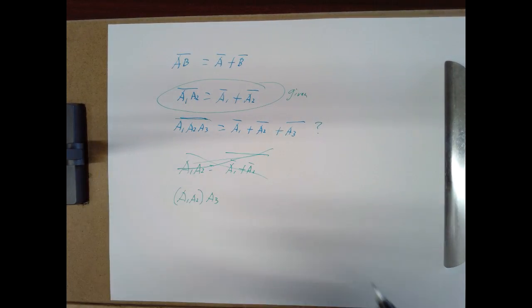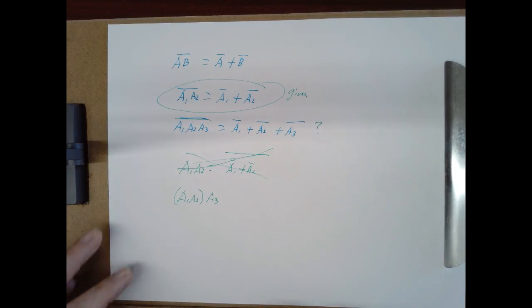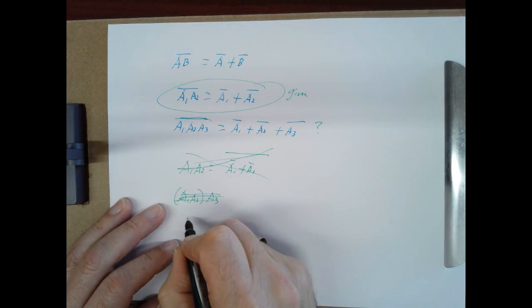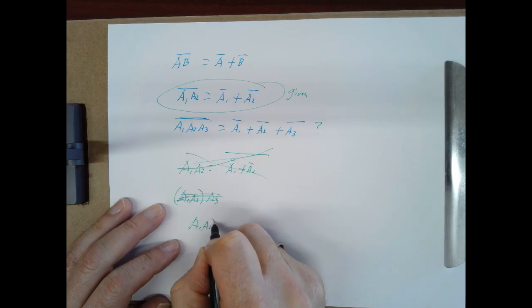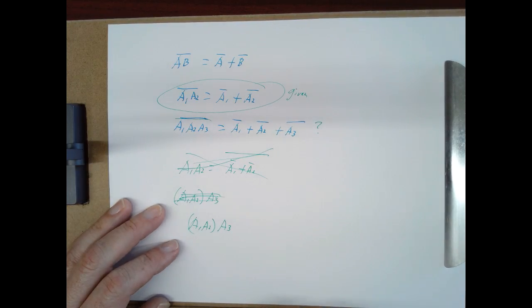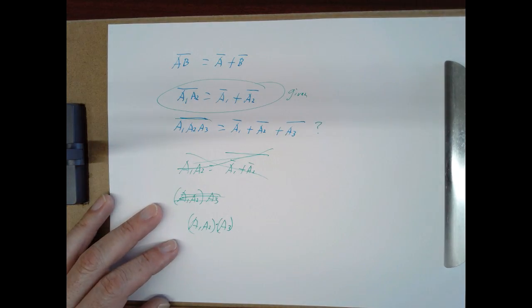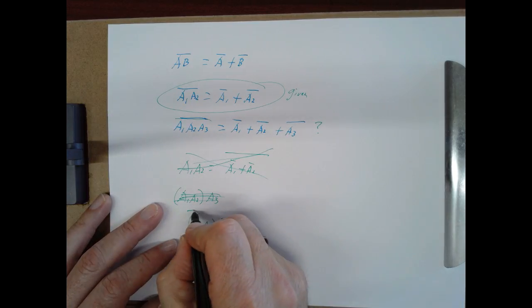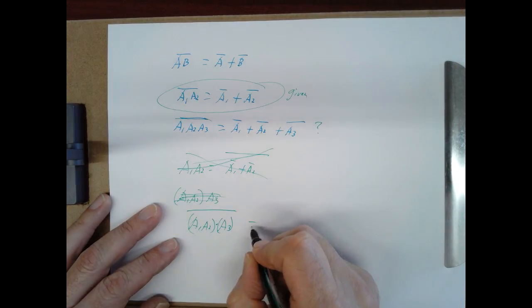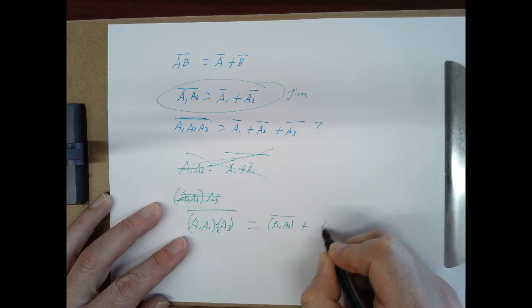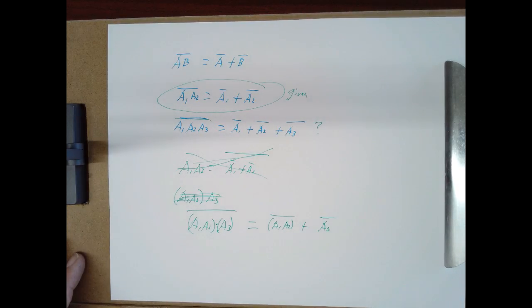So anything ANDed with anything, complement is just the OR of those complements. Well, I'll do that. Think of one of my terms as A1, A2, and think of my second term as A3. This is something ANDed with something else. And if I complement that, De Morgan's theorem tells me that I should get the complement of the first thing ORed with the complement of the second thing. That's just De Morgan's theorem on 2 things, right?